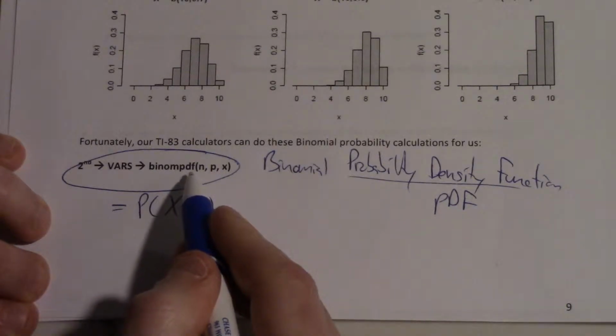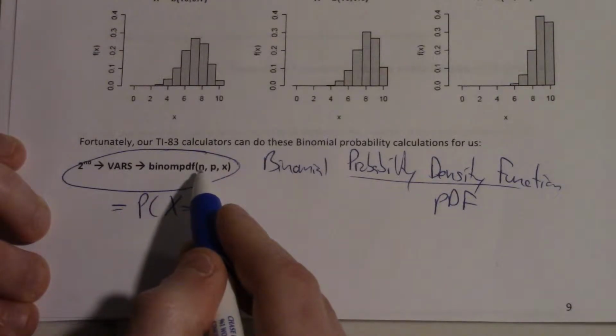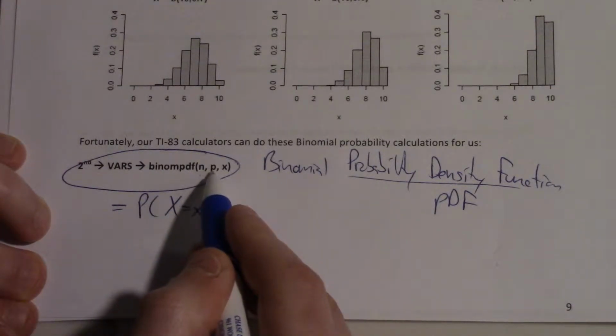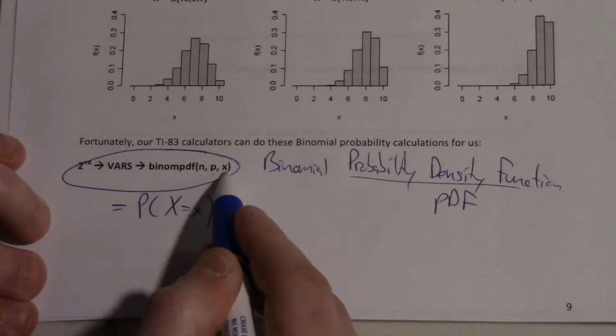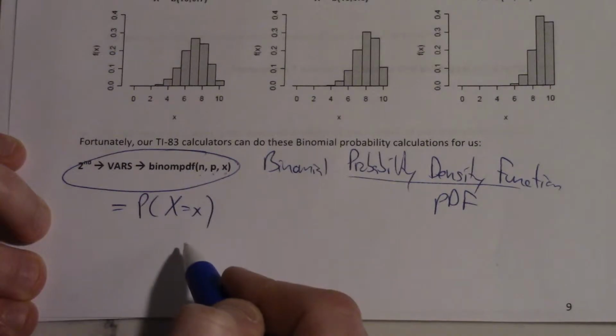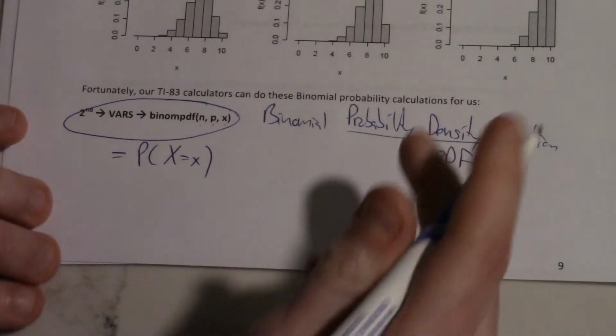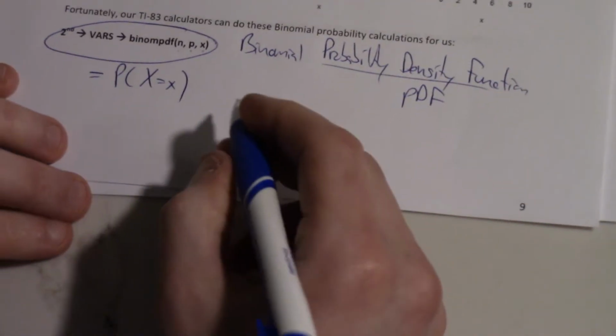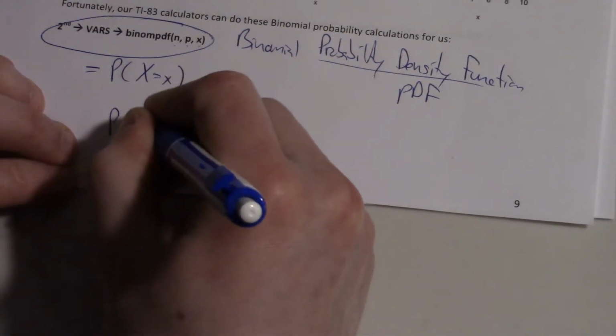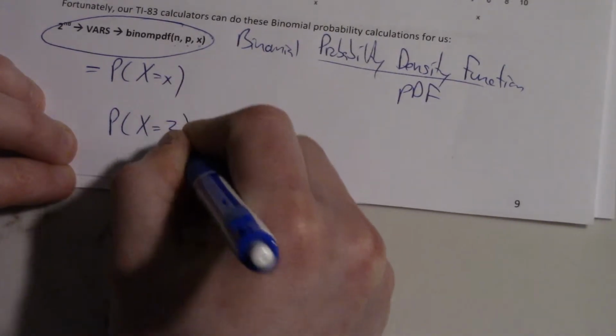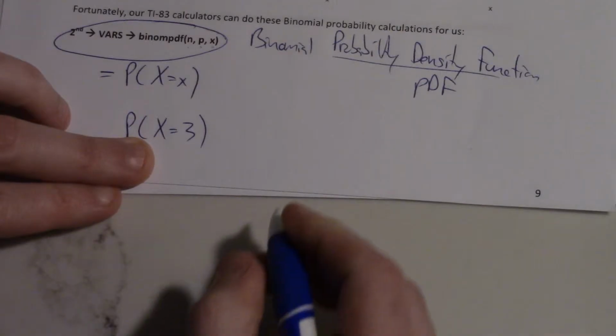Once we get to this function, we have to tell it 3 things. How many trials are you doing? N. What's the probability of being successful? P. And how many successes do you want? Which probability are you interested in? And that's little x. So in this example with the dice, we were trying to find the probability that x is 3.